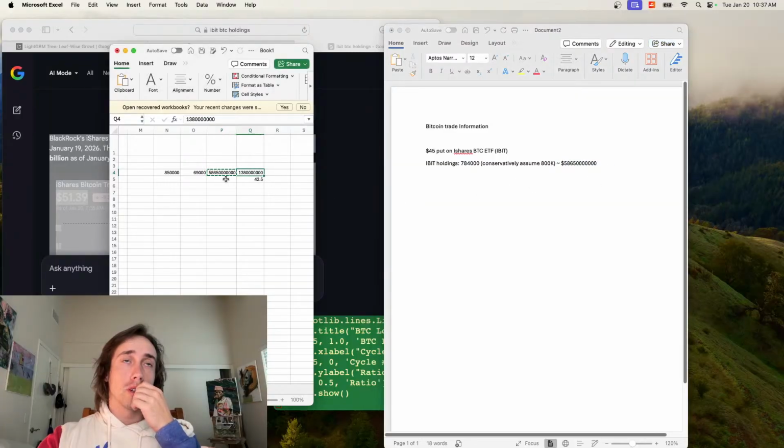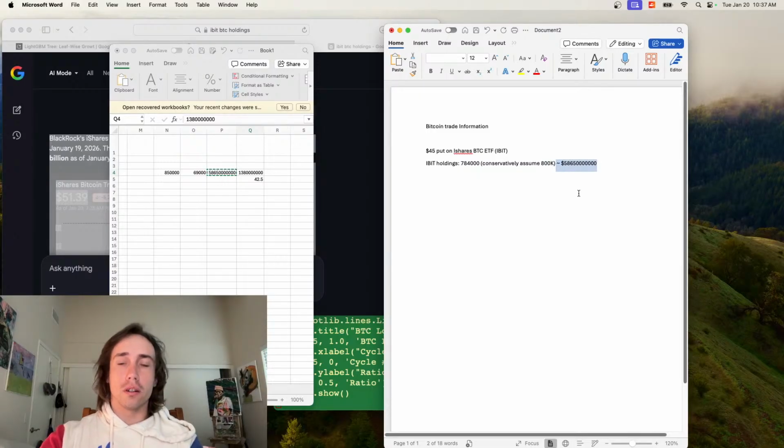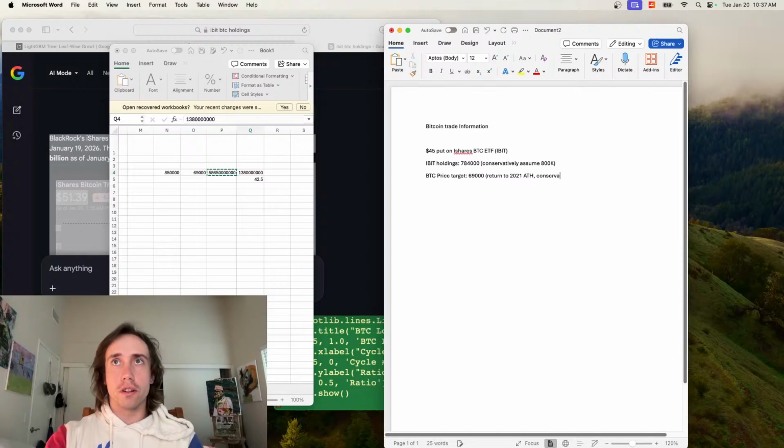What is this number? Oh, shares outstanding. 784,000. Okay, so Bitcoin price target 69,000. We're assuming a return to 2021 all-time high, which is conservative based on this trend.